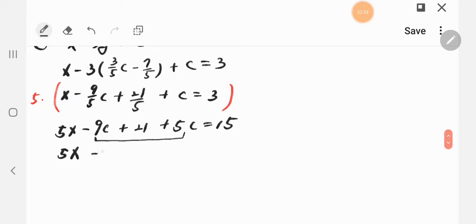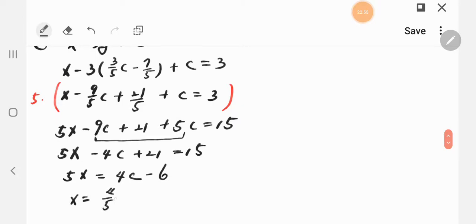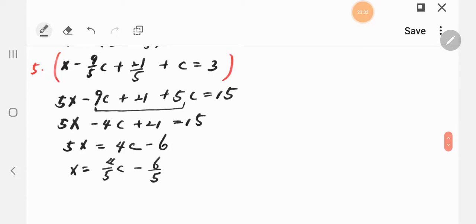Then that is minus 4c plus 21 is 15. 5x equals, move minus 4c to the other side, then 4c, and then minus 21 each side, so minus 6. And then divide each side by 5. Then 4 over 5c minus 6 over 5. So that is the expression for the solution x.